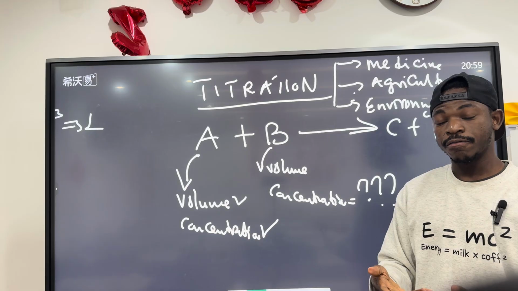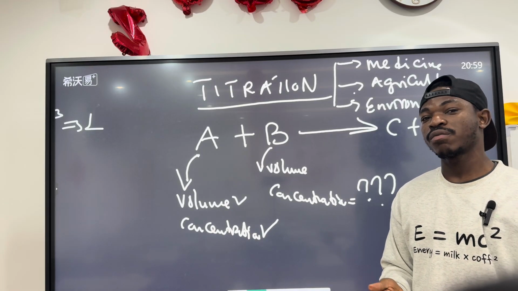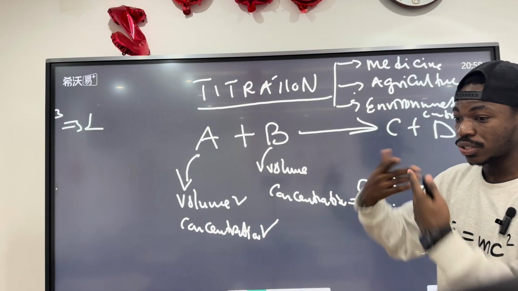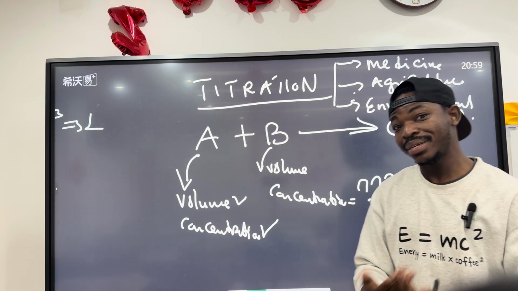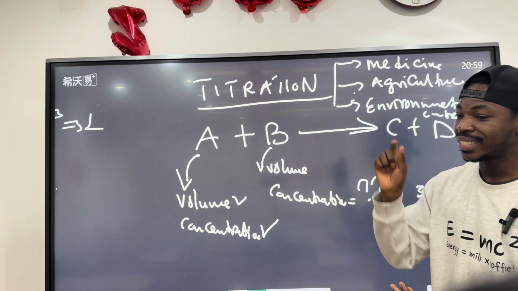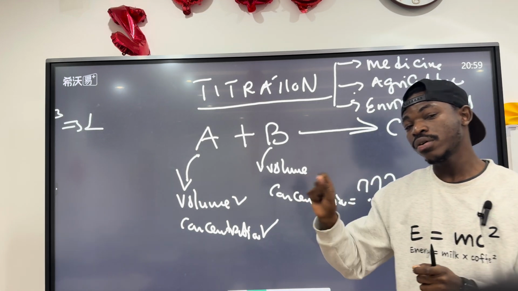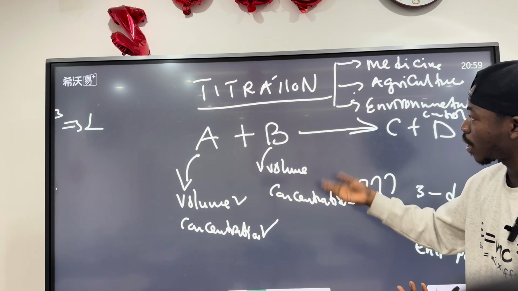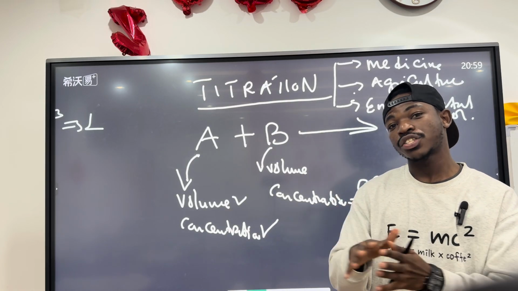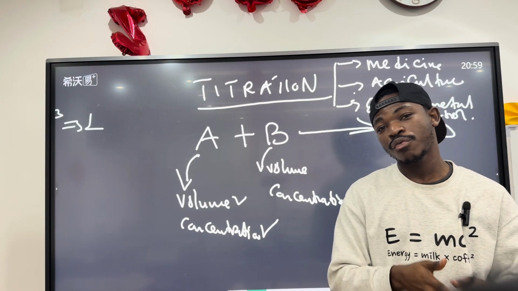We want to be very sensitive to the concentration of drugs in medicine, because those drugs will be administered into the body of a person. So we want to be very careful and ensure the right concentration is given to the patient. We can use titration to calculate the exact concentration that should be administered into the body of a person.